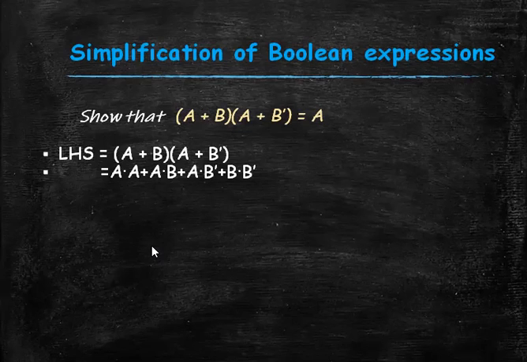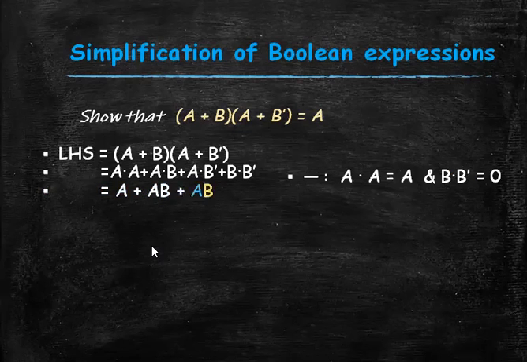Here A and A is equal to A, and B and B bar is equal to 0. Then we get A or AB or AB bar.